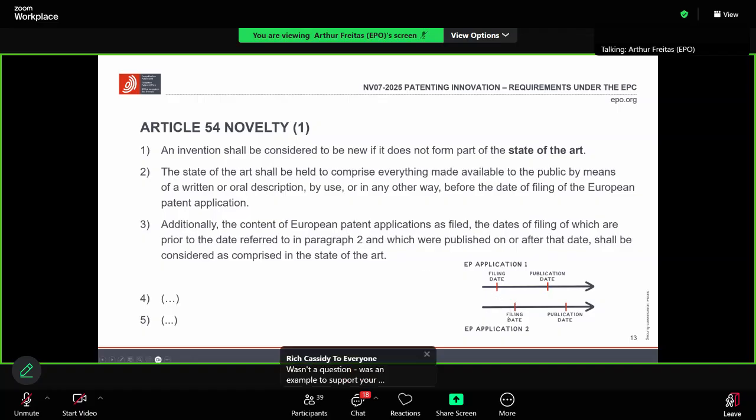Article 54.3 essentially allows me, as an examiner, if I receive a patent application from, let's say, your competitor 2 weeks later, to use your application to destroy novelty of the competitor's application, even if yours is not published yet, because both are European applications. I cannot use it to attack inventive step.